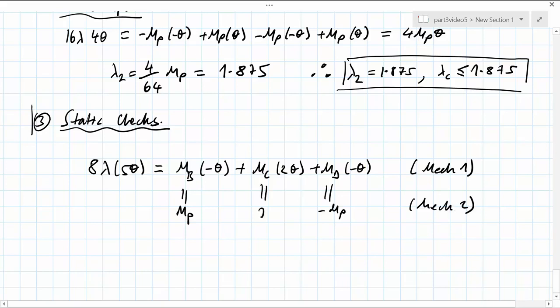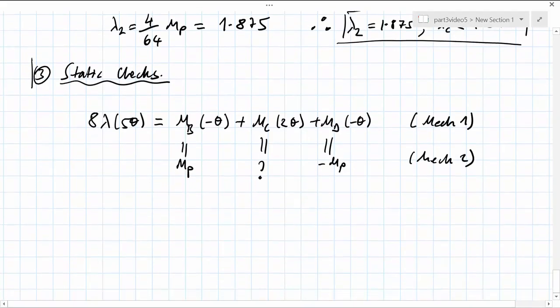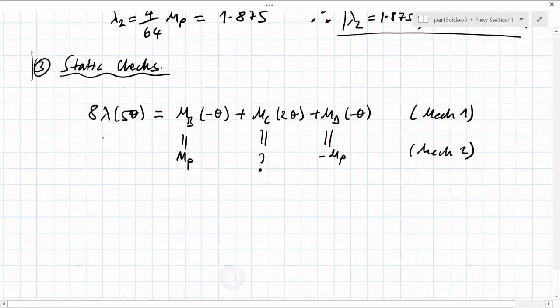MC is currently unknown. We also know that lambda is equal to 1.875.